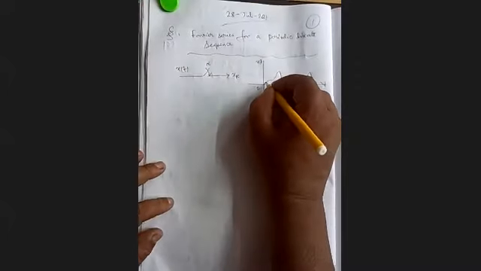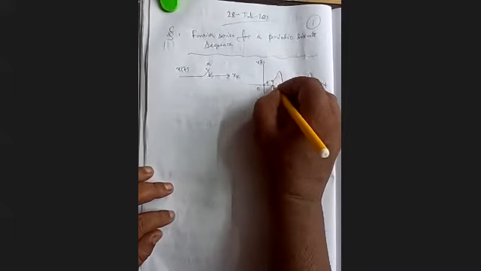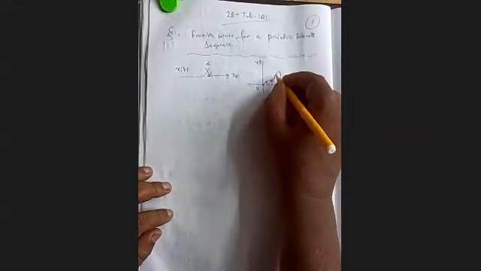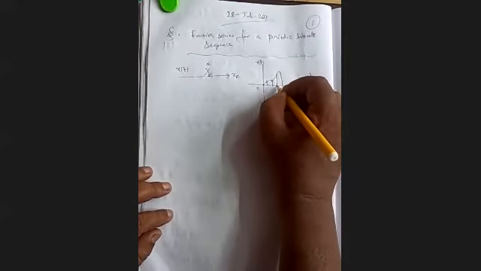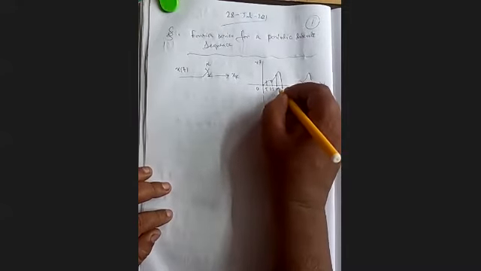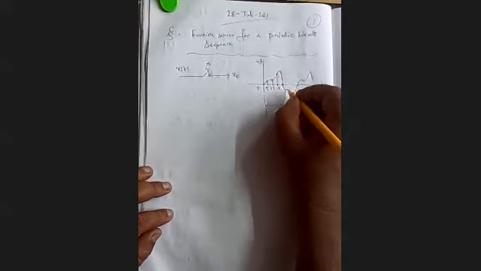So we get different samples: 0, tau, 2 tau, 3 tau. This way we are getting different samples.